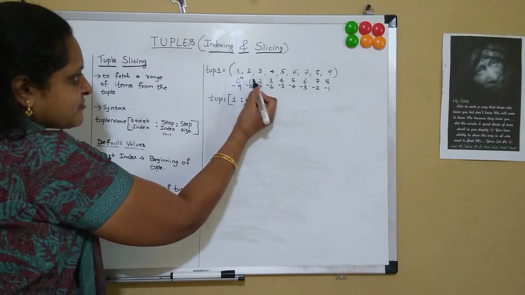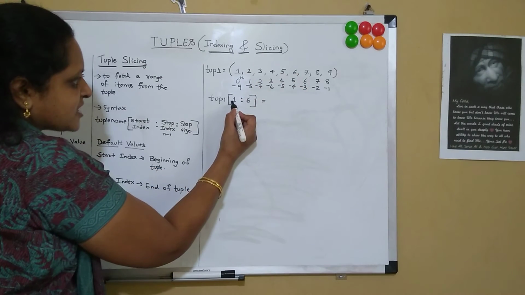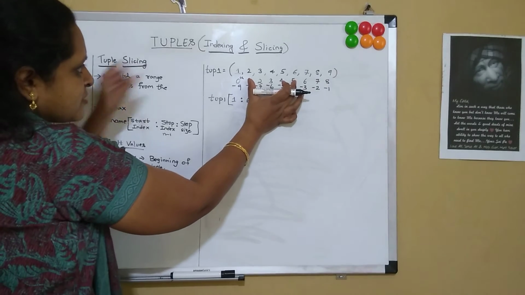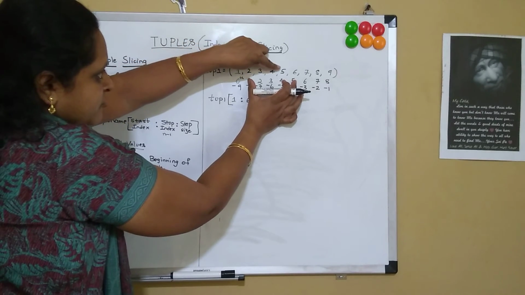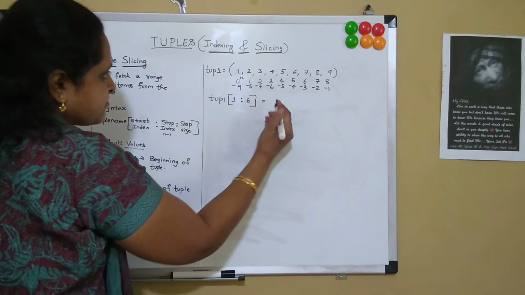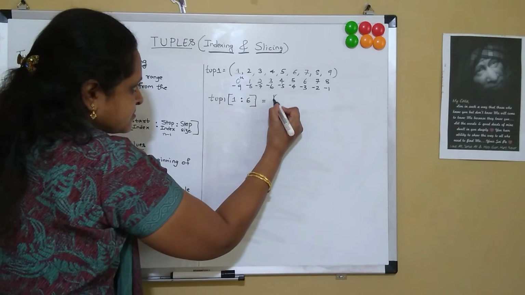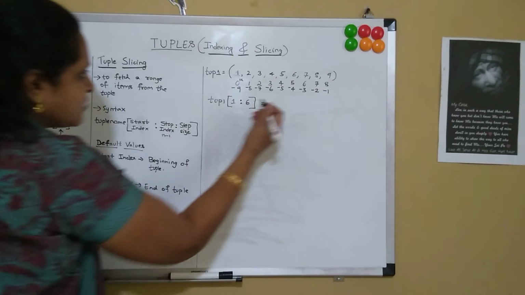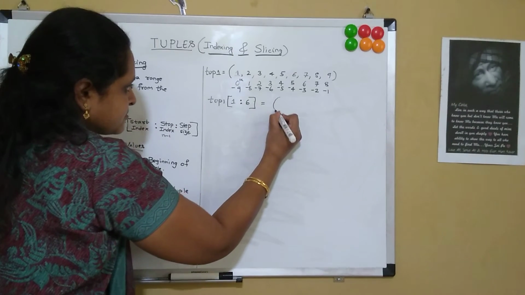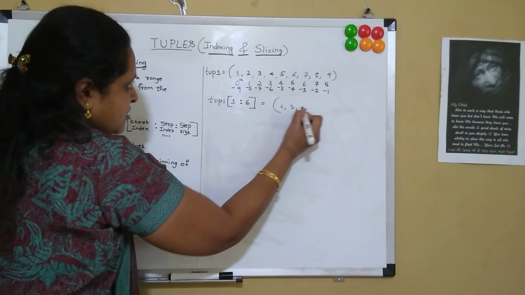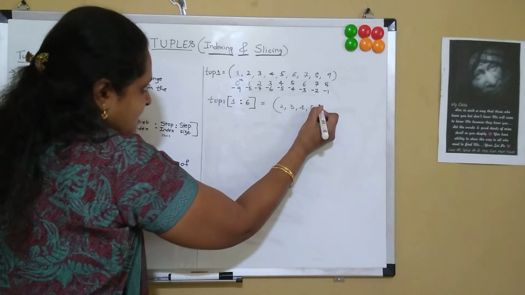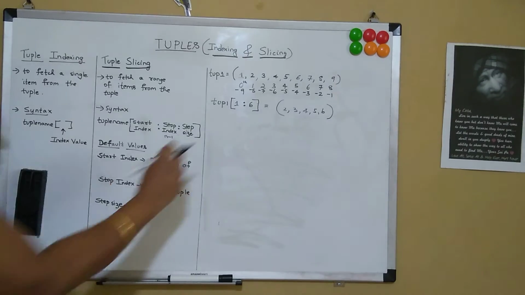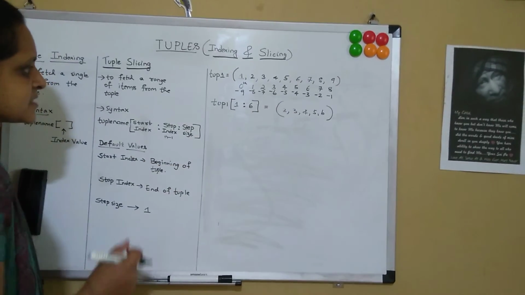So it will fetch a range of items starting from the first index till the 5th index. So it will be 2, 3, 4, 5 and then 6. So my output will be, in the tuple format, 2, 3, 4, 5 and then 6. So we have got a range of items which are separated by commas.